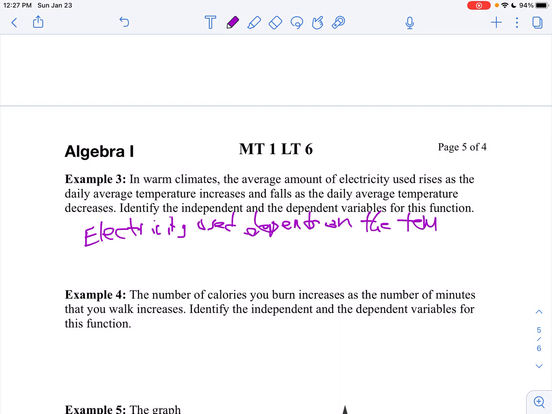Now we're going to write our independent variable. I'll say IV for independent variable. Well, that's going to be our temperature then, isn't it? And our dependent variable, I'll use DV, that'll be the electricity used.